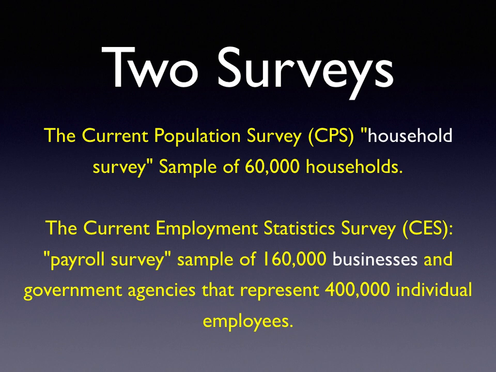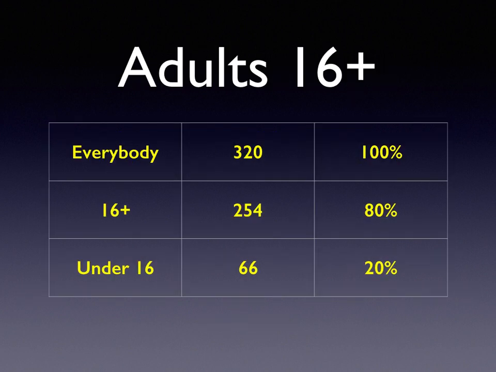The first thing we think about with unemployment is who can actually be included in this category. We take the total population and then look at the adults, and we define adults in the U.S. for purposes of the unemployment rate as individuals who are 16 and above.